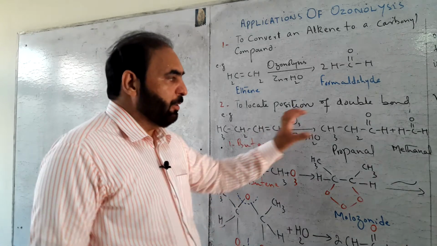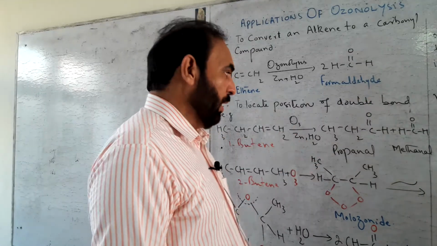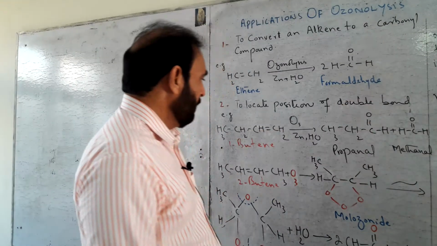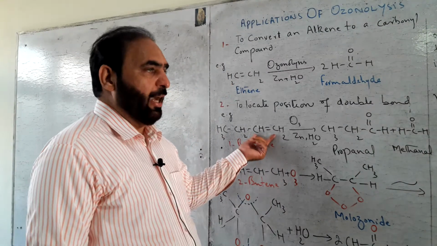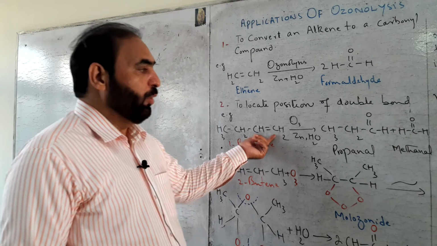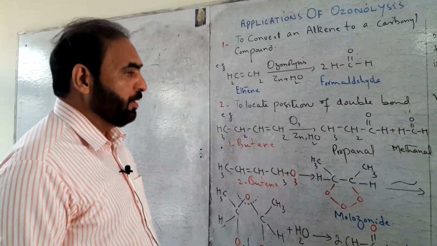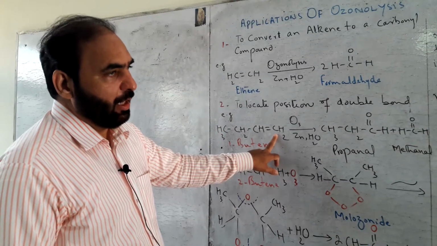Both carbons make double bond with oxygen from ozonolysis and a carbonyl group is developed. If double bond is present at position number 1, we get two aldehydes, one with 3 carbon atoms and one with 1 carbon atom.